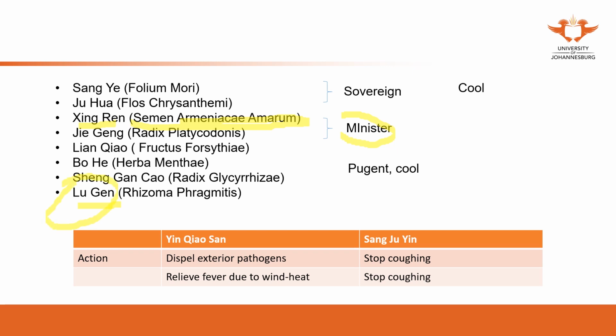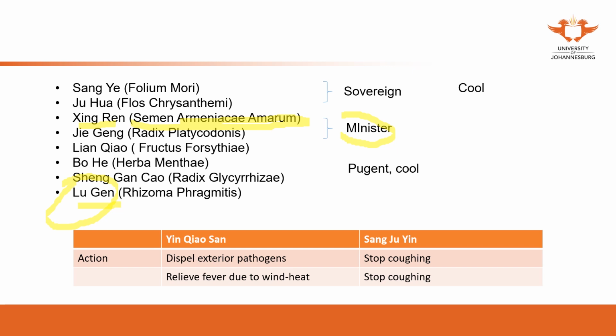When we compare 银翘散 and 桑菊饮, 银翘散 expels the pathogens and relieves fever due to wind heat. 桑菊饮 is more focused on stopping coughing. That's why in the original clause, it describes the patient presenting with coughing only, mild or even without fever.